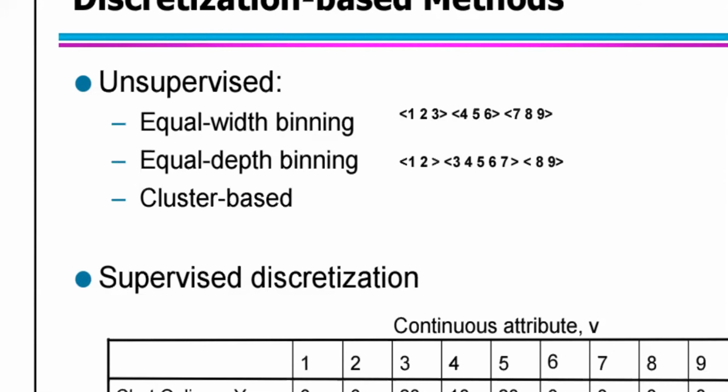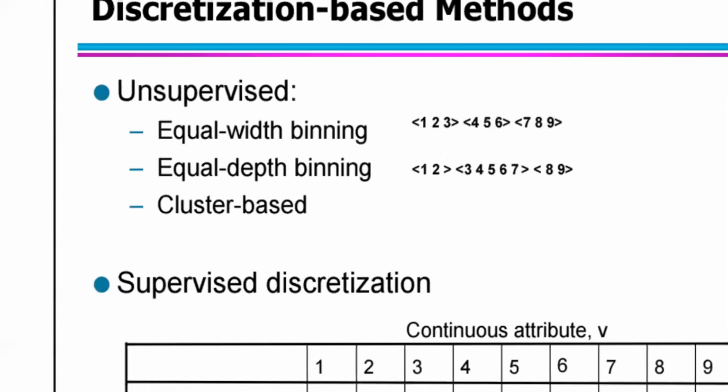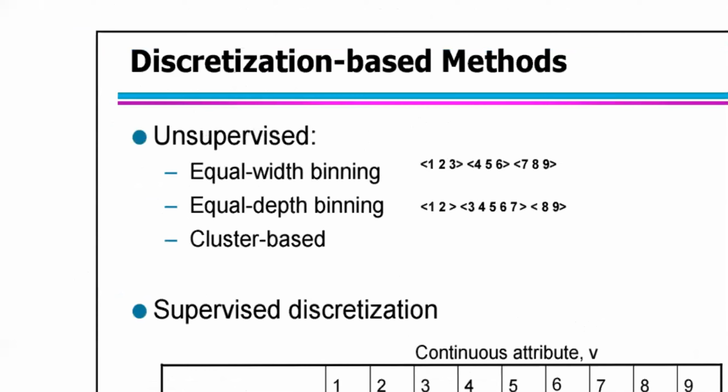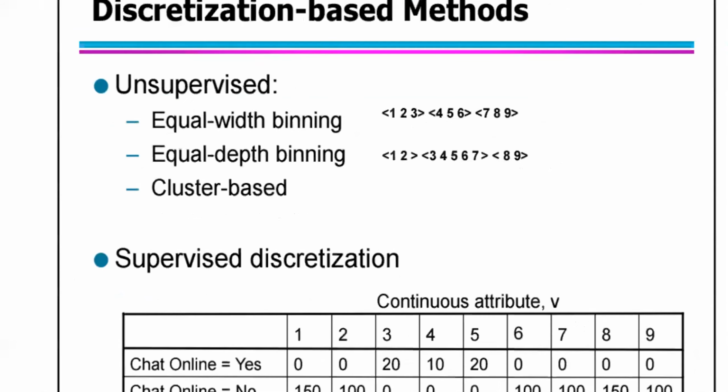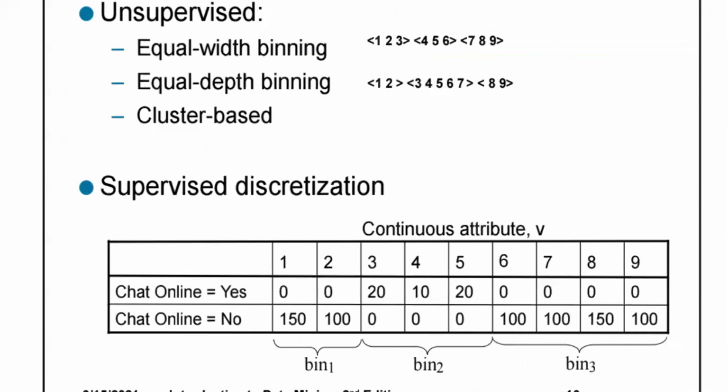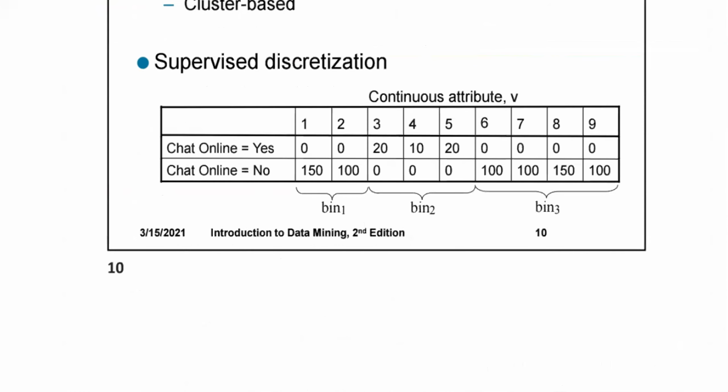The third one is cluster based. In the discretization based method you represent supervised and unsupervised, with continuous attributes, yes or no. We have to discuss that.